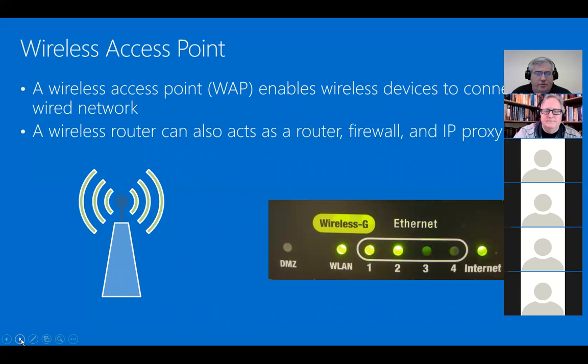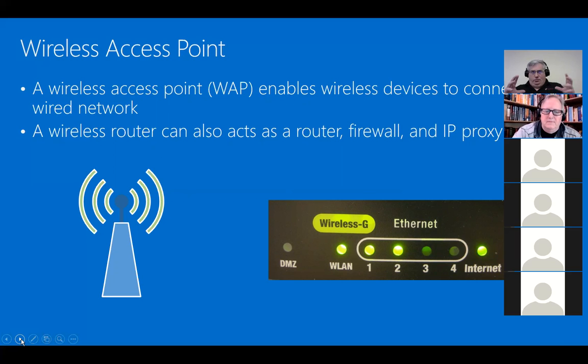Okay, so at your house, typically, if you've got cable or, I guess, AT&T, they'll have it in their router. They'll have it as an access point, all in one. So that will transmit a wireless signal for you.